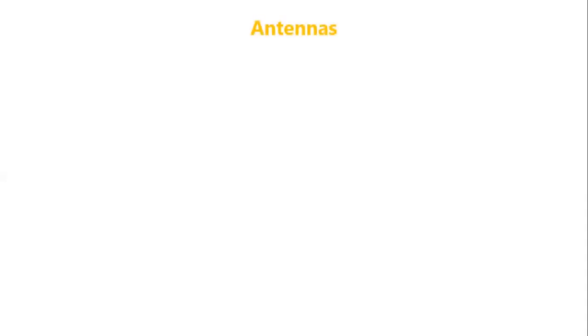The next type of antennas that we'll be discussing is called directive antennas. One example of a directive antenna is the dipole. It's a simple real antenna.